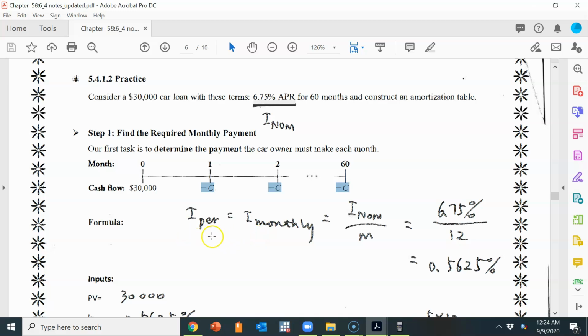I periodic, or I monthly, should be equal to the nominal rate I nominal divided by M, the compounding periods per year. So we should use 6.75% divided by 12. So we know that the monthly rate is 0.5625% for each month.